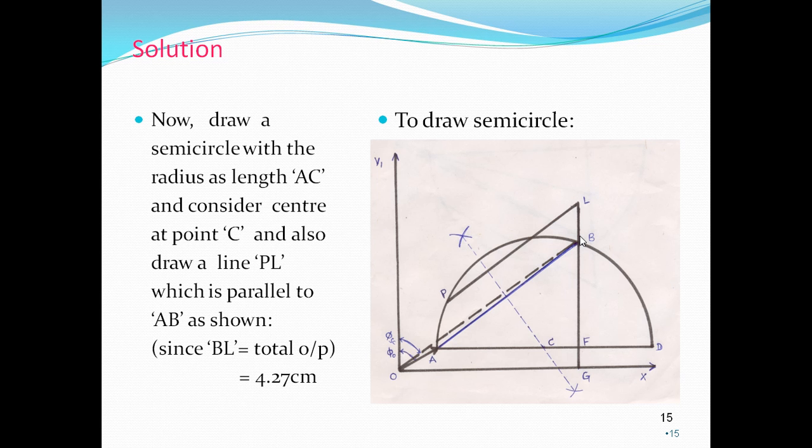Next we have to choose a proper current scale and draw I naught, which is represented by OA, lagging behind V1 by angle phi naught as shown in the figure, with applied voltage V1 as the vertical reference axis.